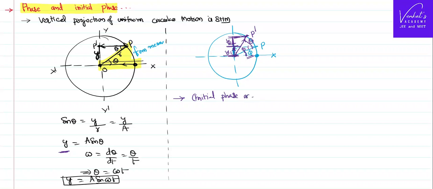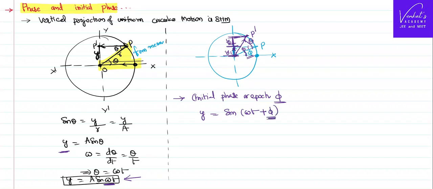People also call it epoch. That initial phase is phi, which is above the x-axis. That means it has some positive displacement even before we start. All the derivation remains the same. The only difference is y equal to a sine omega t, as I have got here in the same derivation, plus the initial phase phi.